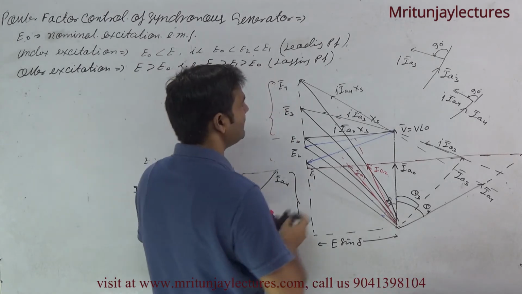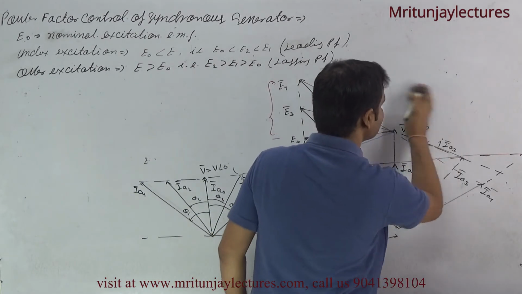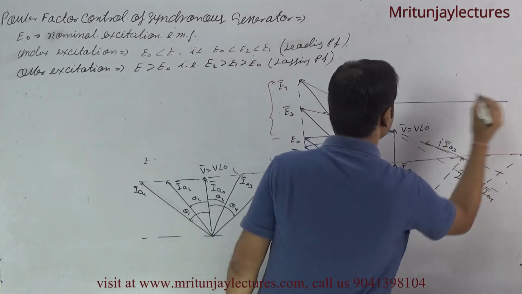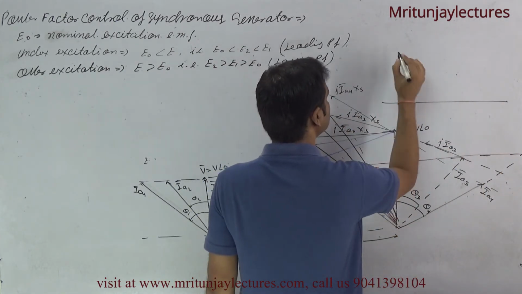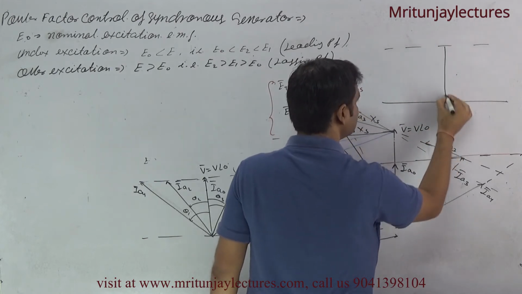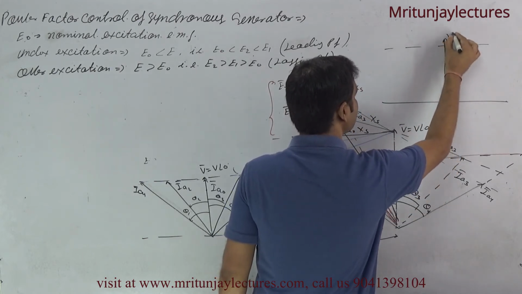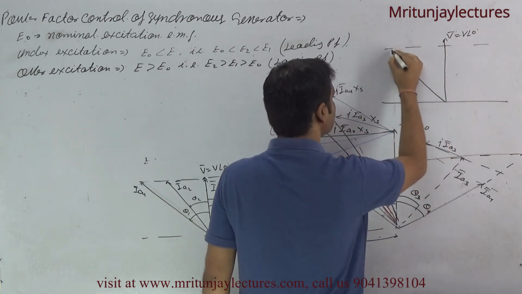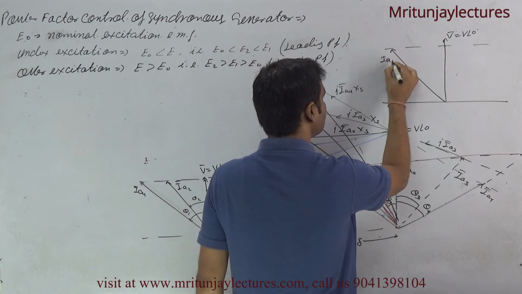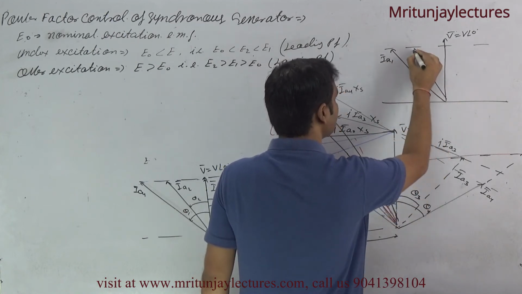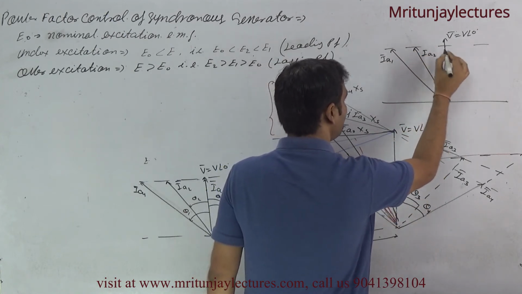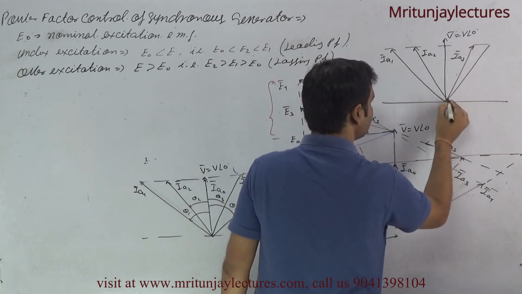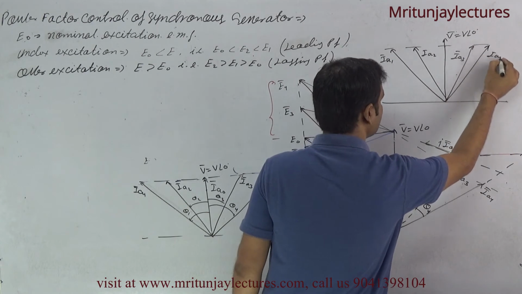So first of all, make this one here. That is V, equal to V at the angle 0, and this one is IA1, this one is IA2, this one is IA3, this one is IA4.